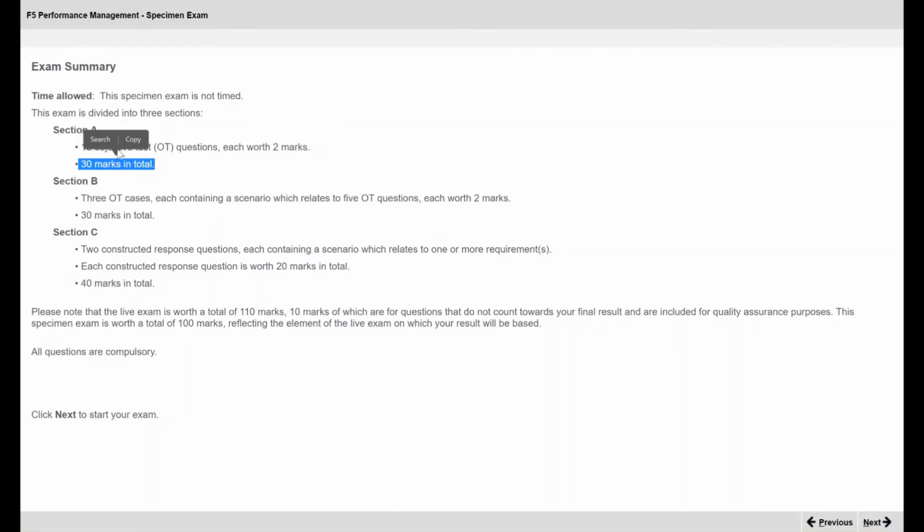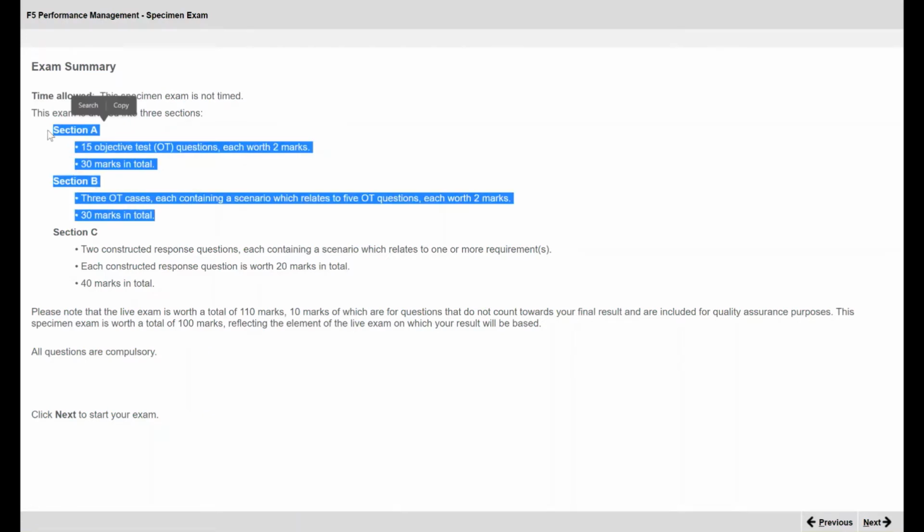So if you only answer section A and section B, you will be able to pass the F5 exam. But obviously I don't recommend that. Section A and section B need specific answers, so they are going to be marked by computer, and you don't have to wait for the result.